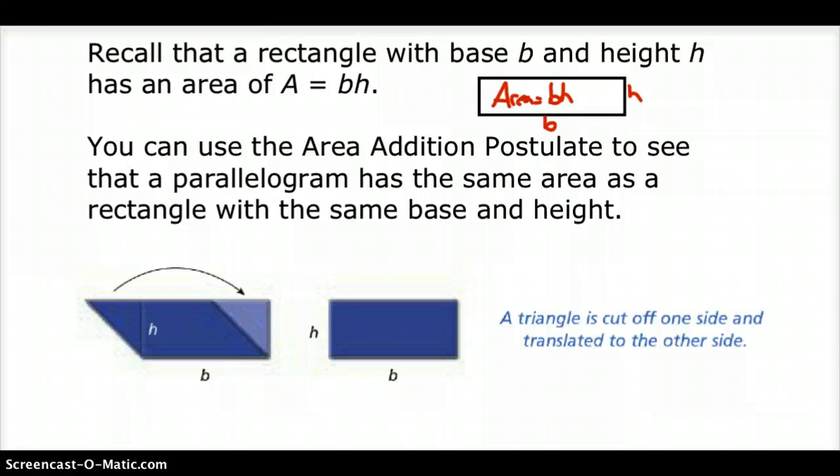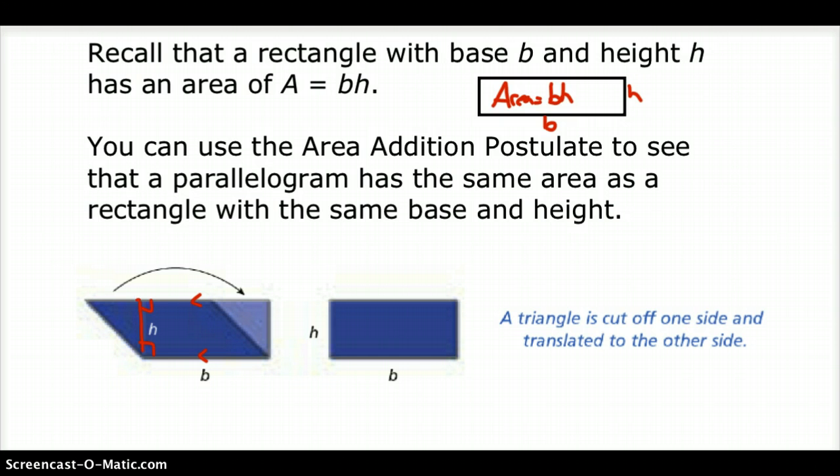Okay, well, it says that we can actually use this area addition postulate that we discussed in the previous video to see that a parallelogram has the same area as a rectangle with the same base and the same height. The way that they do this is, if we take this parallelogram, first of all, we need to understand that these sides are parallel. So if this is a right angle, that means this is a right angle.